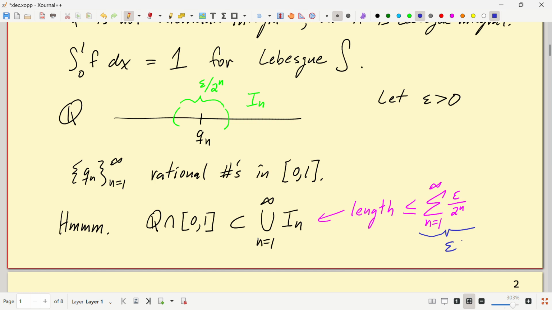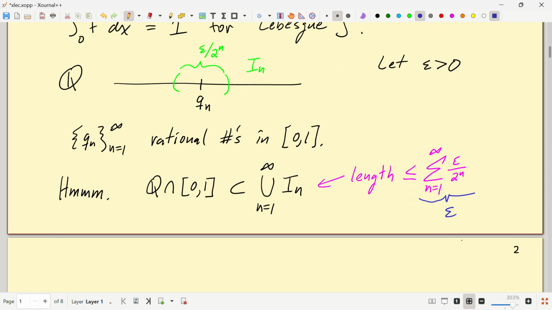So with Math 341, we study epsilons and deltas. When you do measure theory, you have to do something more sophisticated. You have to study epsilons over 2 to the n's and add up a whole bunch of small things and still get something that's small. And that's the classic definition of a set of measure 0. It's contained in a union of intervals whose total length is as small as you like.